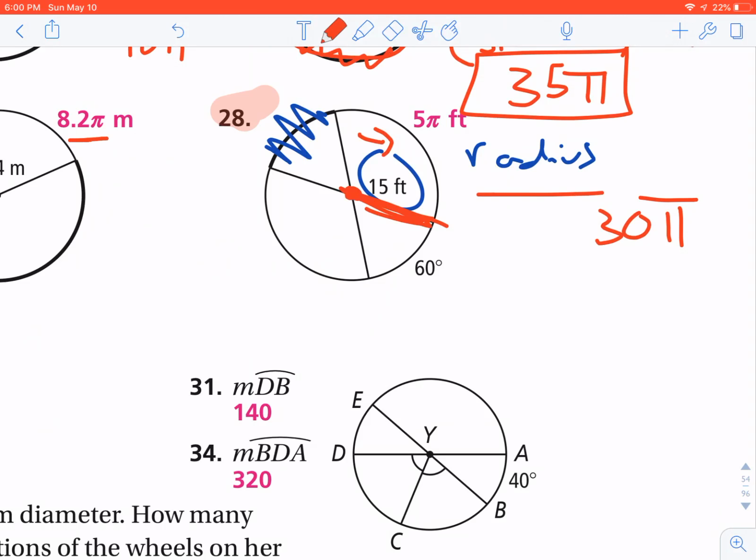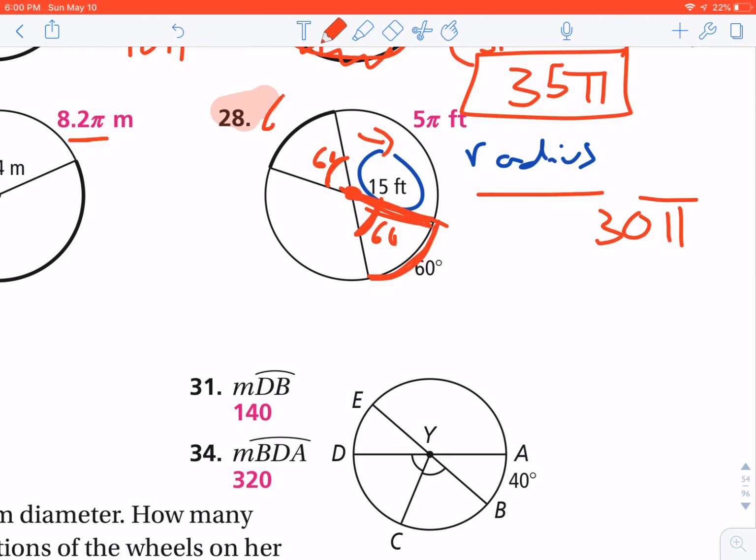The second part of this making it challenging is the arc that they want is over here. And they give you this arc as 60. If you think back into the notes, the arc measurement and the central angle, which in this case would be this angle right here, are the same thing. So that angle is 60 degrees. Well, that means that by vertical angles, that's also 60 degrees.